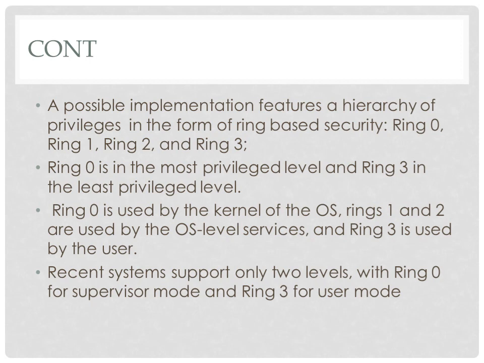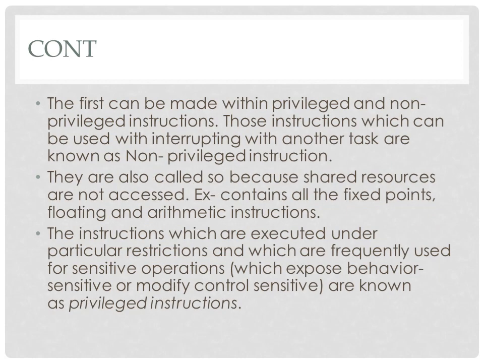Recent systems support only two levels: ring 0 for the supervisor mode and ring 3 for the user mode. The distinction can be made between privileged and non-privileged instructions. Those instructions which can be used without interrupting another task are known as non-privileged instructions. They are called so because shared resources are not accessed.